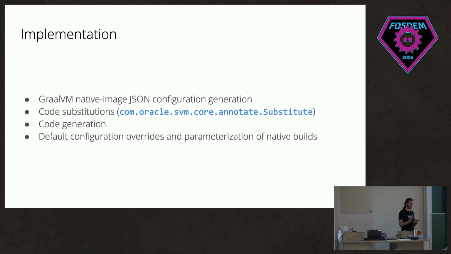So if we don't like something, or if something is not compatible with native compilation, we can adapt it. It will generate some bytecode that is responsible for configuring things. And it will change the defaults for GraalVM native image, and it will also allow the user to pass additional parameters.